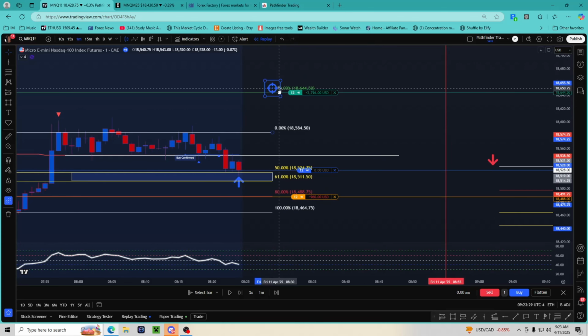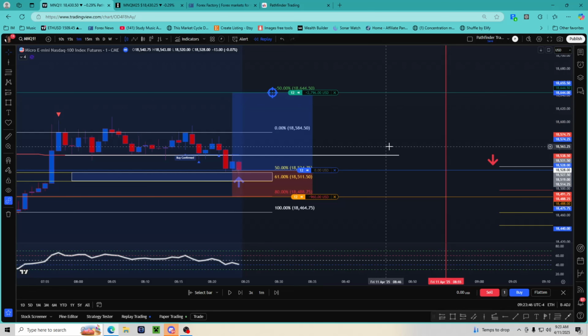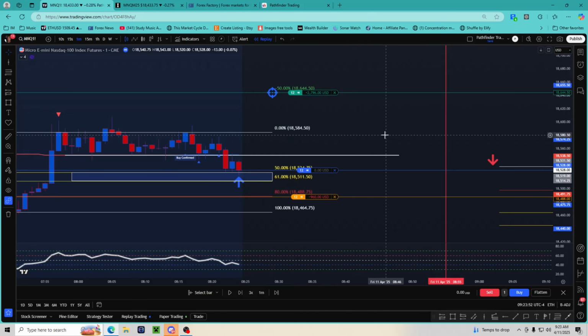And this is my target, that 50% line. So I'm risking 960 to make 2,700. And my risk to reward ratio, that puts it at 1 to 3. That's what it should always be. It should be right about 1 to 3. You're going to have a bit of a spread in the market, so it's not always going to be exact, okay? But this is your target.